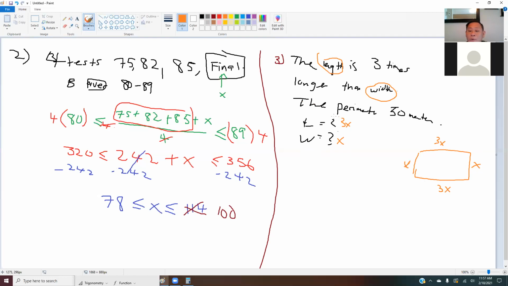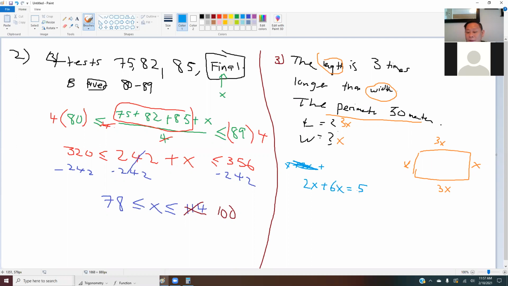What is the meaning when I say the perimeter is 50 meters? Can you figure out an equation from here? X plus 3x equals 50. No, perimeter is everything around it. So you only add these two. Oh, so is it 2x plus 6x? Yes, you're correct. 2x plus 6x equals 50.